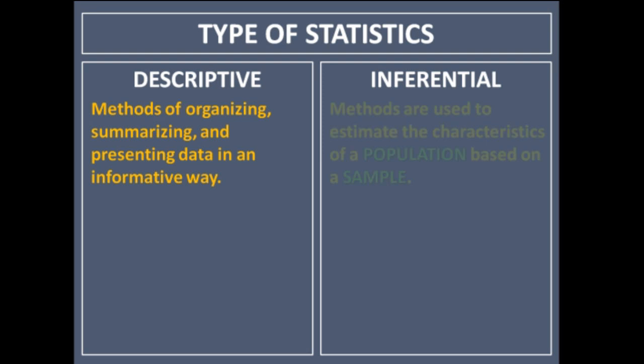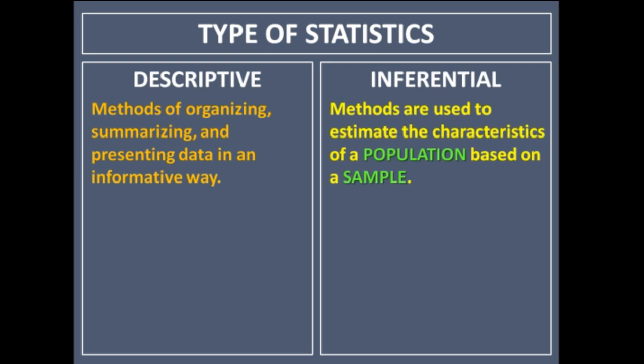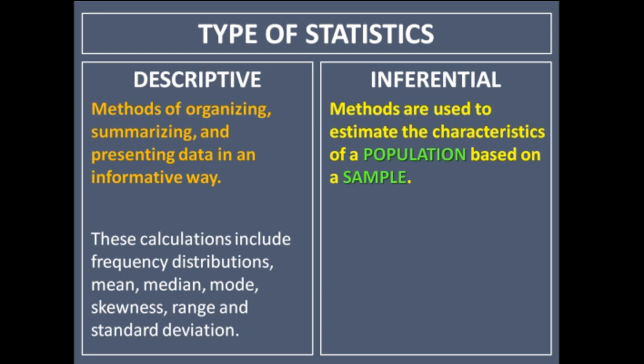Inferential statistics is actually using that information in order to help us make a better decision about the population at large. So with descriptive stats, we're talking about things like frequency distributions, which you'll see in our next lesson; calculating the mean, median, mode, our measures of central tendency; and calculating range and standard deviation, some of our measures of variability. As I said, this really encompasses the first part of the course.